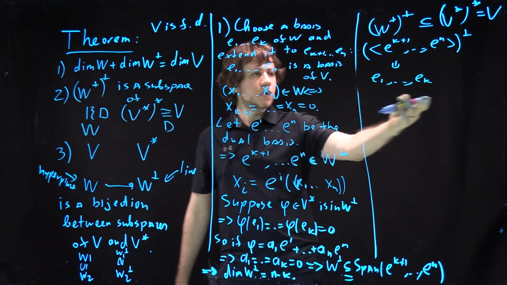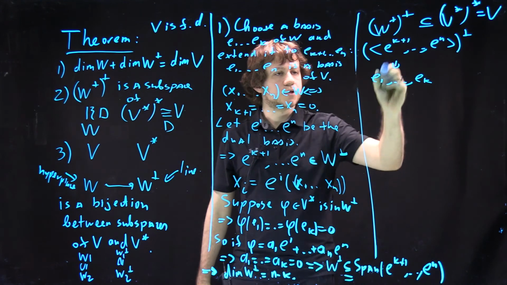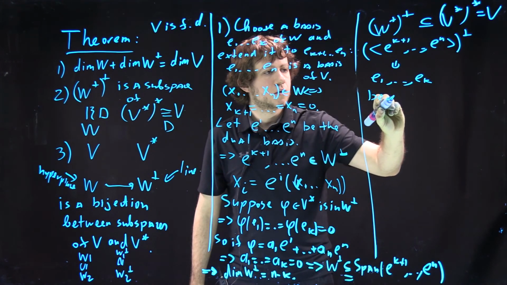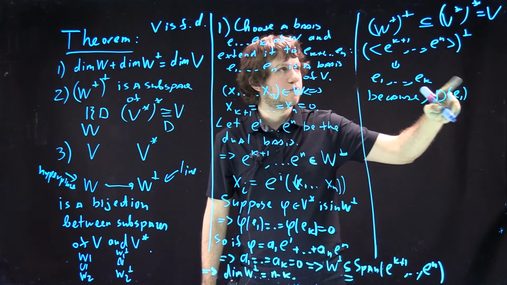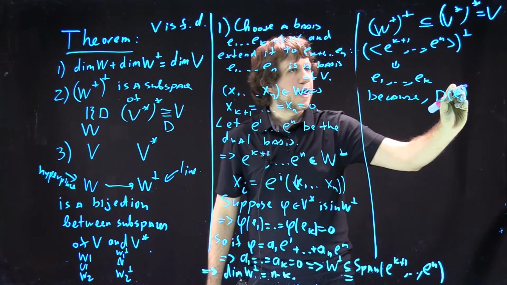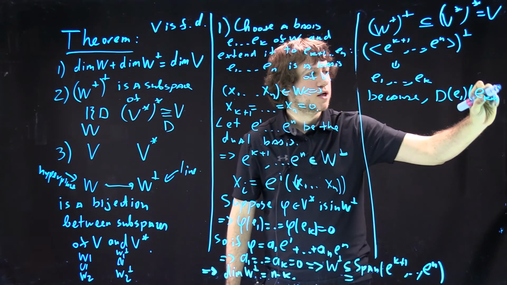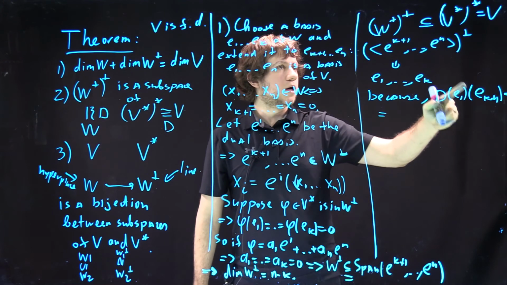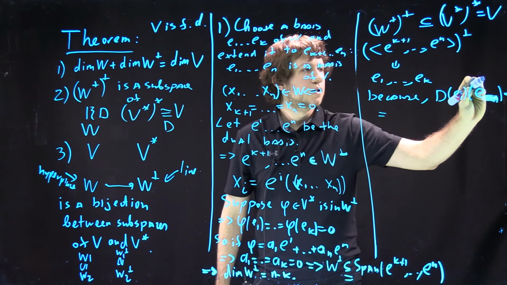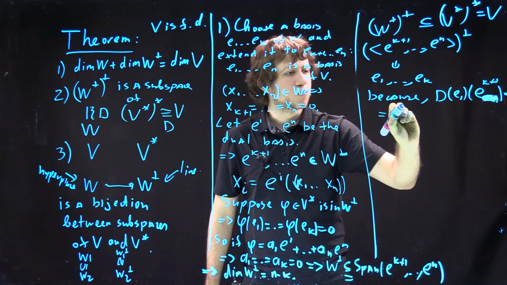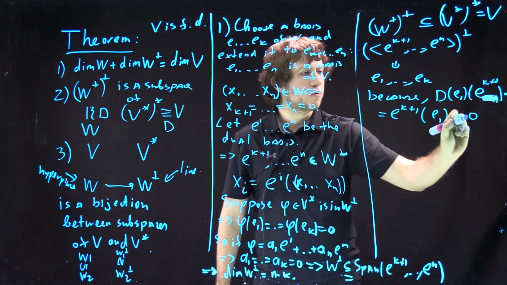That's because if you take any vector E1, for instance, D of E1 inside V star star, and plug it into EK plus 1, you will have to take EK plus 1 of E1, which is the K plus first coordinate of E1, which is just 0, and so on.